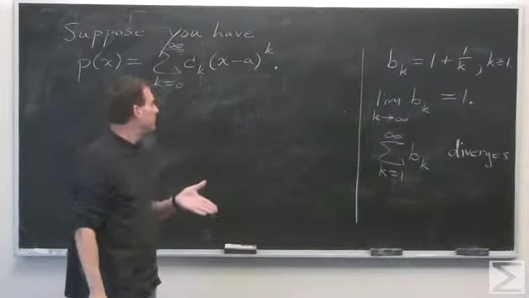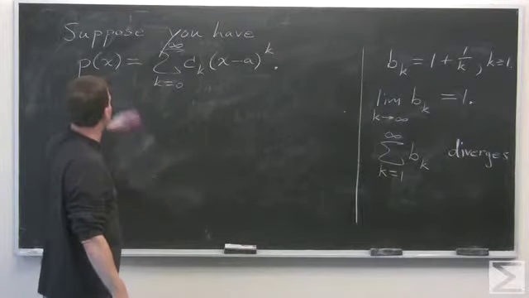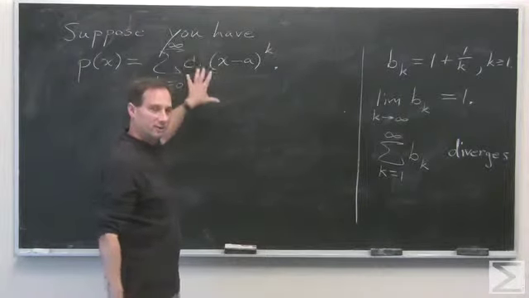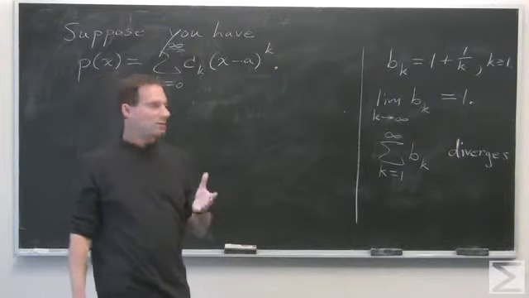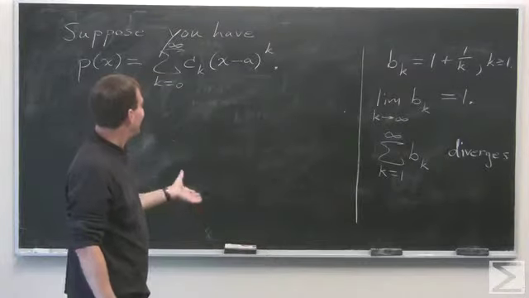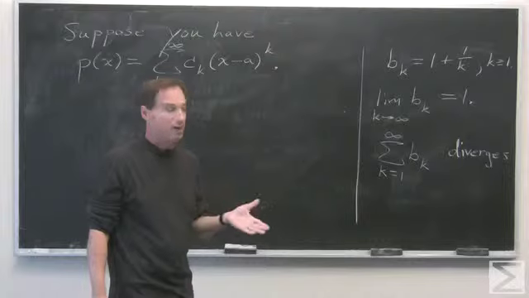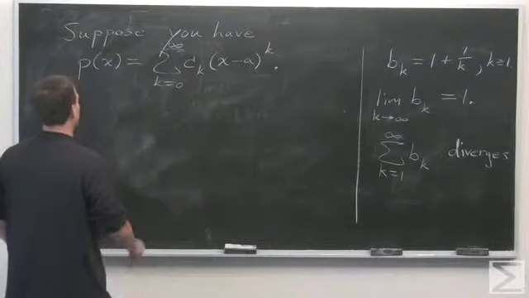It defines a function and its domain is any x for which the limit of the partial sums, so when this infinite series, converges. Are there any points in the domain? Is this defined anywhere? The answer is, it's always defined at least one point.